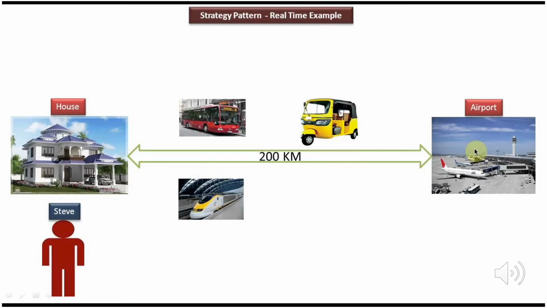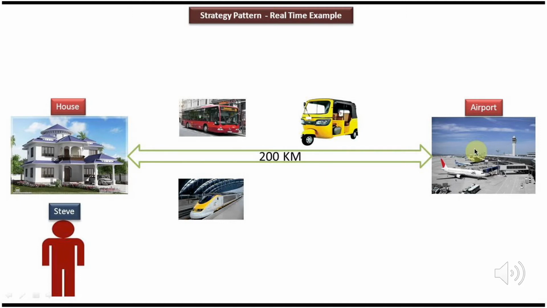Here is another real-time example of Strategy Design Pattern. Let's say a person has to travel from house to airport, and the mode of transportation he uses can be different. He has multiple options. He can travel using public transport, he can drive his personal vehicle, or he can use a bicycle, or he can use Careem or any other services.